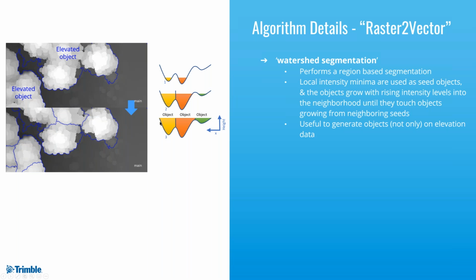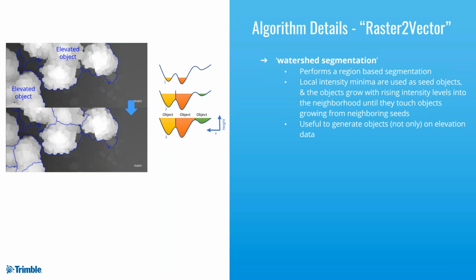If you flip the perspective on this, you can see in this graphic what's going on. This is looking at it from the local minima perspective: we're growing out from the seed object, and this one is growing at the same time, and where they hit each other, that's where the border between these two objects is, okay?